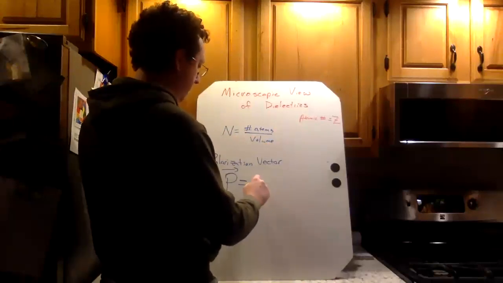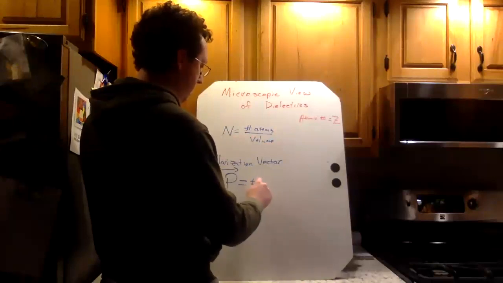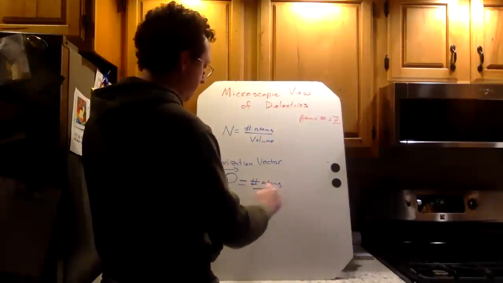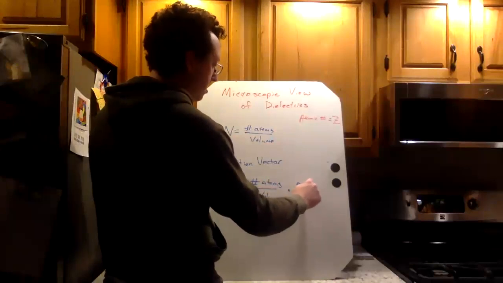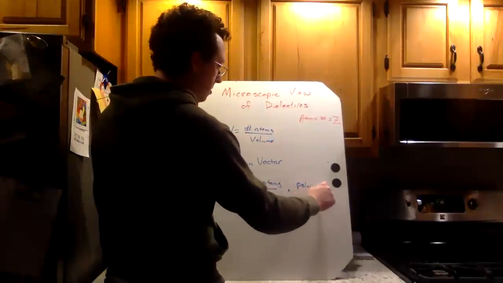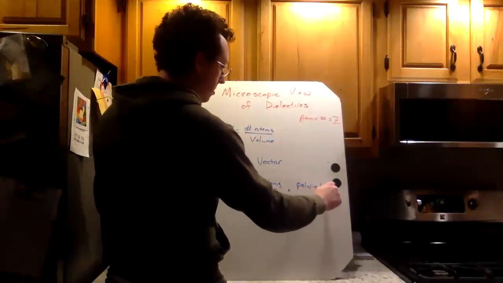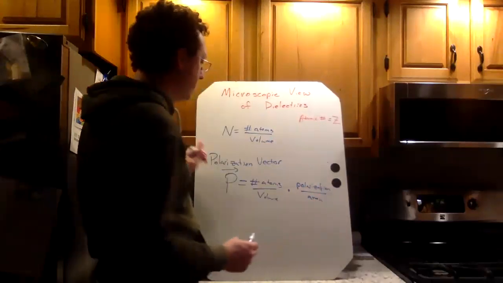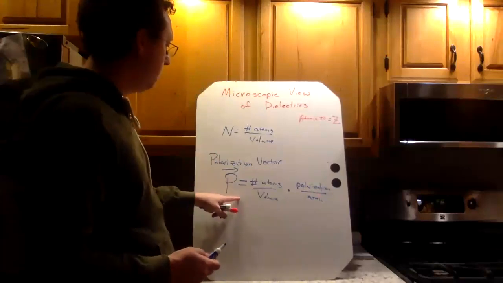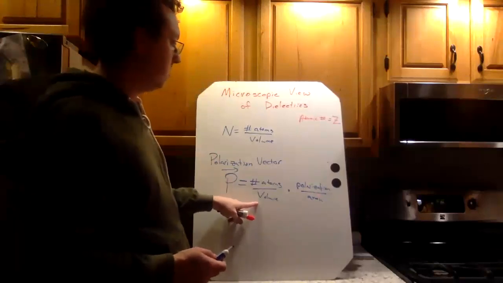So it's going to be the number of atoms per volume times the polarization per atom. So the units come out as polarization per volume.